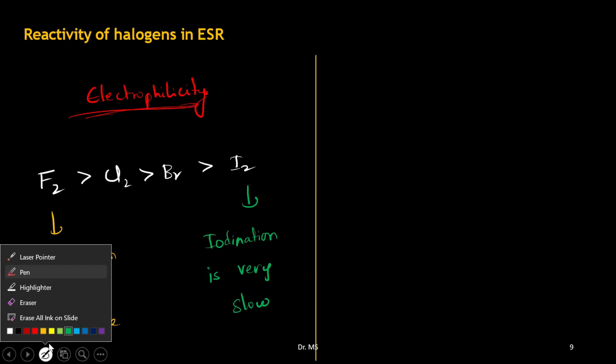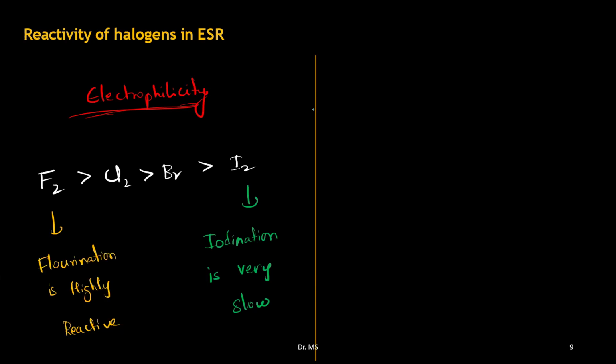So let's see the other type of preparation, which is nothing but the diazotization reaction. That means preparing haloarenes using diazonium salt.